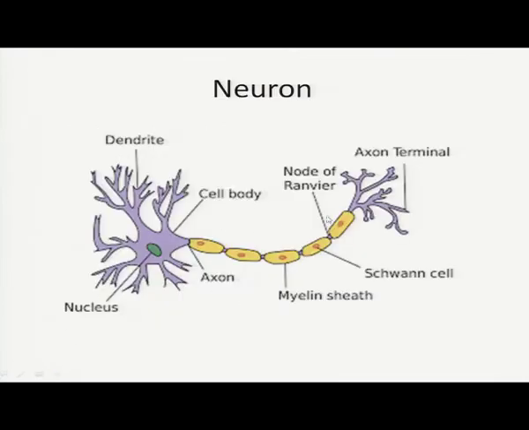Here you can see the structure of a neuron. What is a neuron? It is the unit of a nervous tissue. So, it is known as nervous cell. Nervous cell is otherwise known as neuron. And you can see the diagram of the neuron here with the different parts.